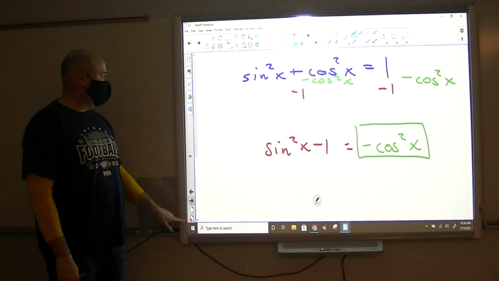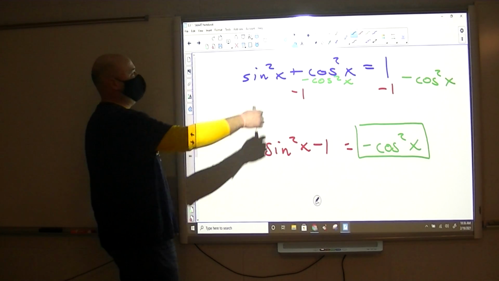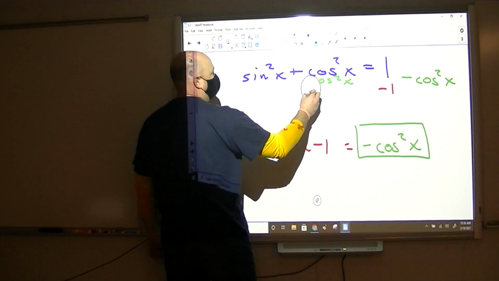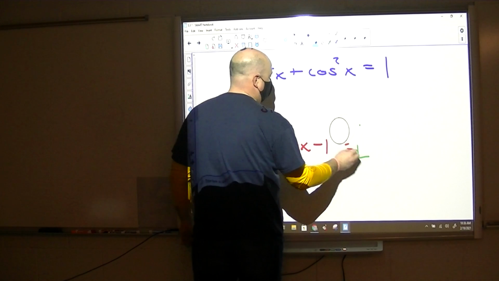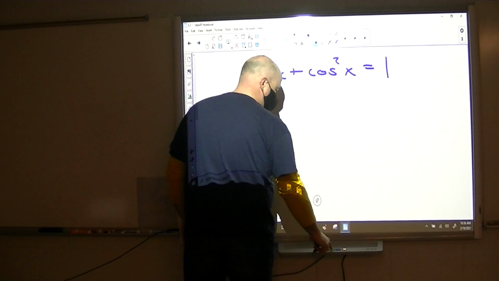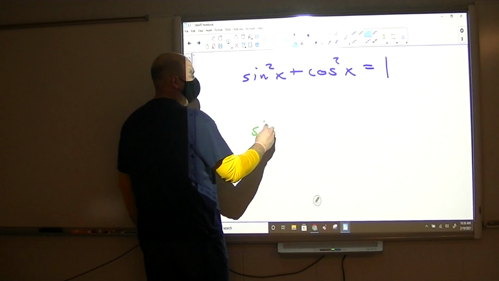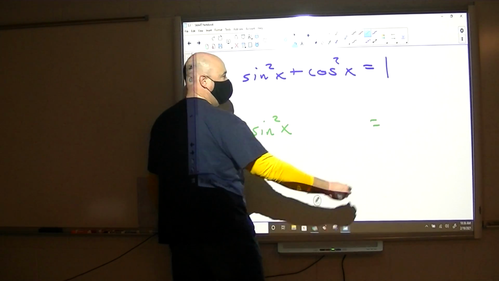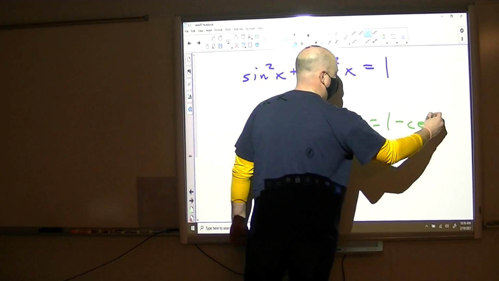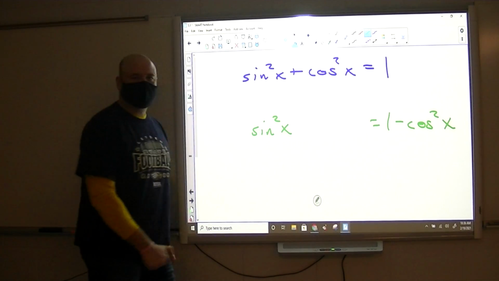Like what is, come into the margin here and reset, sine squared x all alone would be equal to 1 minus cosine squared x.